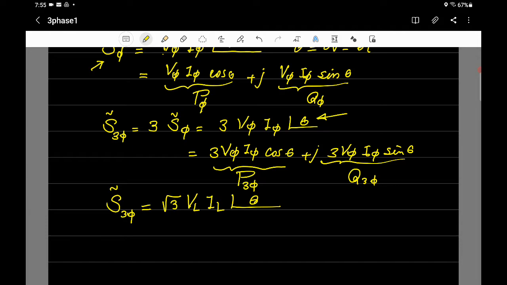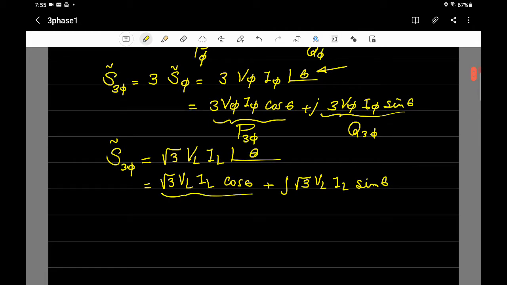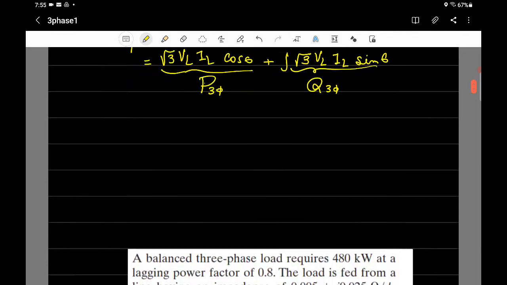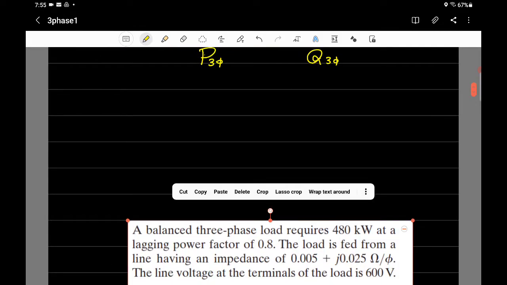And if you do that, you will have square root of 3 VL IL cosine theta plus j square root of 3 VL IL sine theta. Another expression for the active power P for three phase, another expression for the reactive power Q for three phase. Simple. Great. Well, so let's now solve one example.